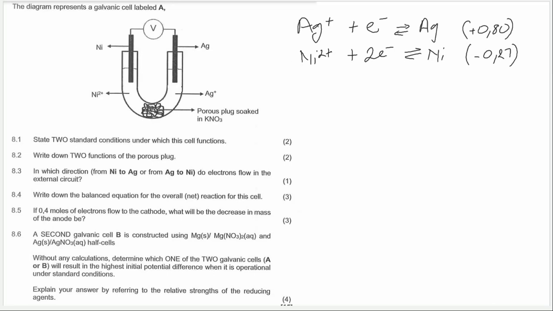So now let's start and write our reactions in terms of anode and cathode. Remember, the highest potential equation will remain as a reduction reaction. All the reactions written in the standard potential table are written in a reduction form, so that means the gaining of electrons.